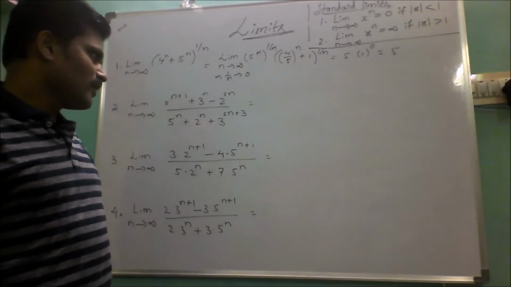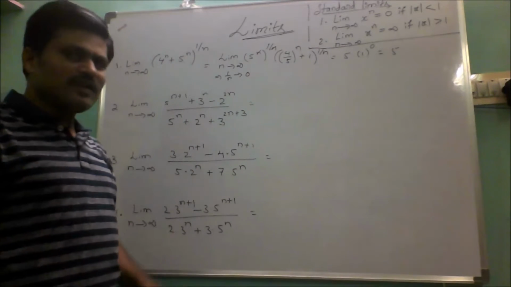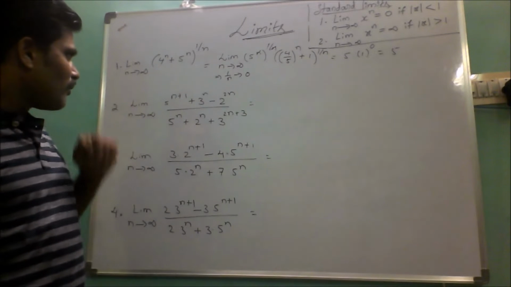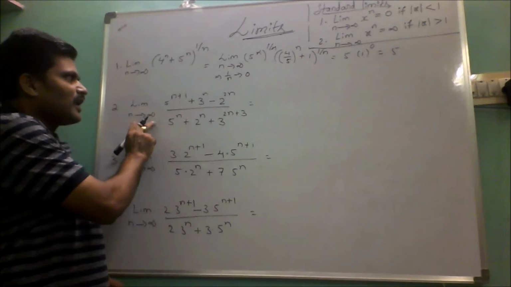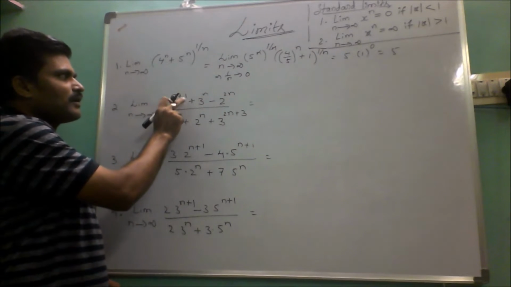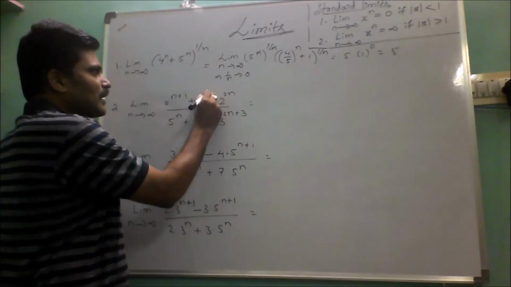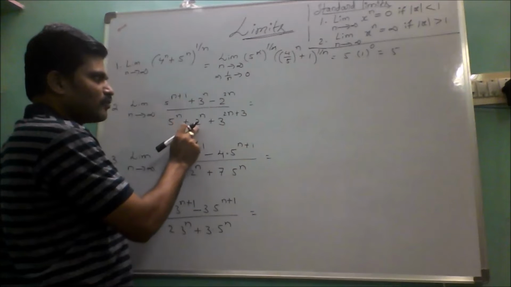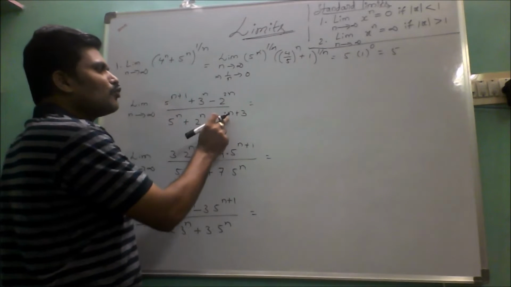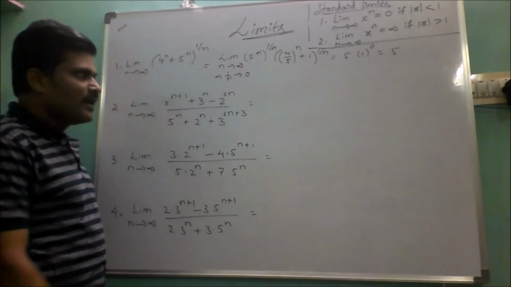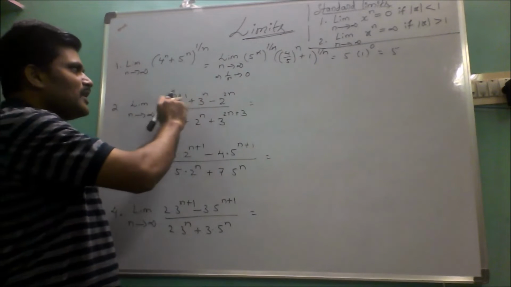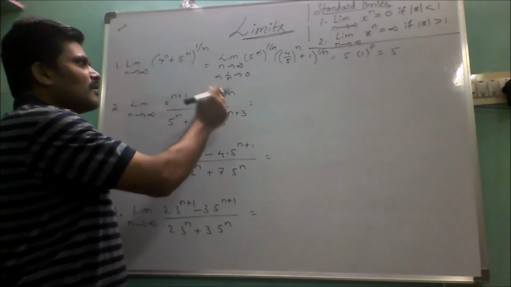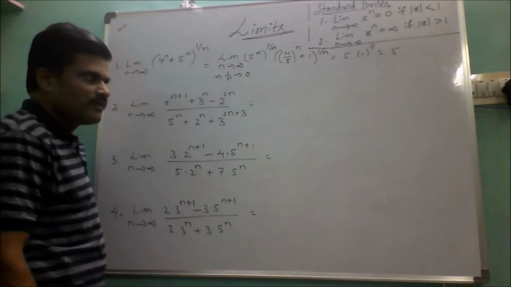Similarly, we find the solutions of the others also. Now the second problem is limit n tends to infinity (5 power n plus 1 plus 3 power n minus 2 power 2n) by (5 power n plus 2 power n plus 3 power 2n plus 3). Here each and every term contains powers of n.